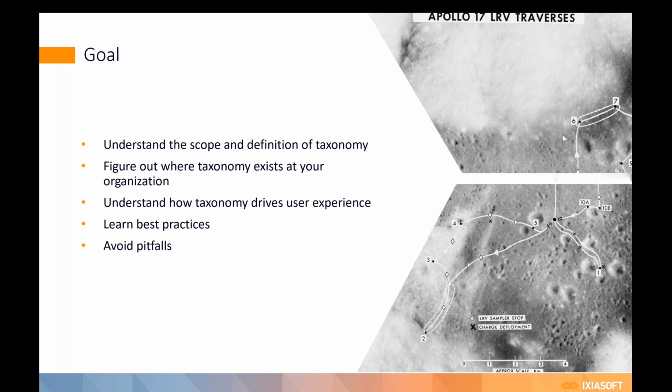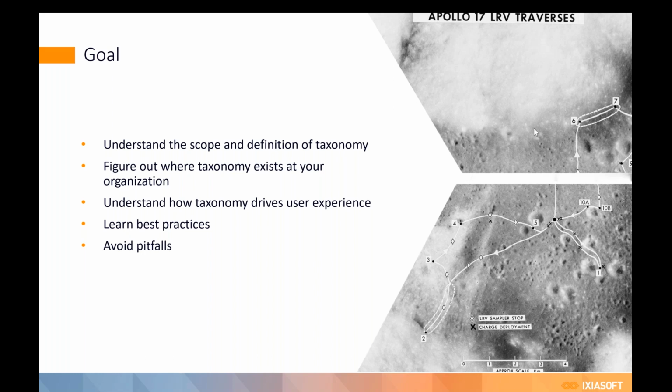The content delivery team, the content creation team might not necessarily be the ones who actually own the taxonomy. So we really want to get you thinking, get you a little more focused on trying to figure out where in your organization this taxonomy could live and who owns it. We also want to chat a little bit about how taxonomy drives the user experience.